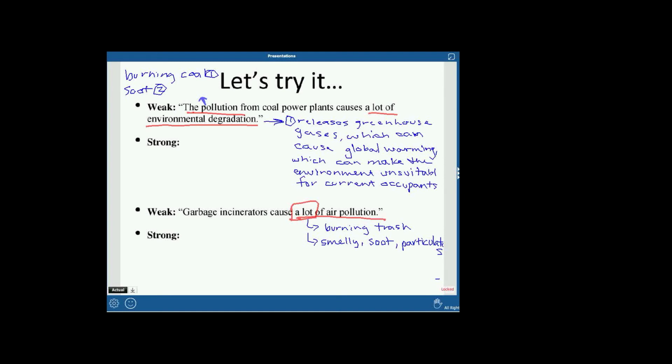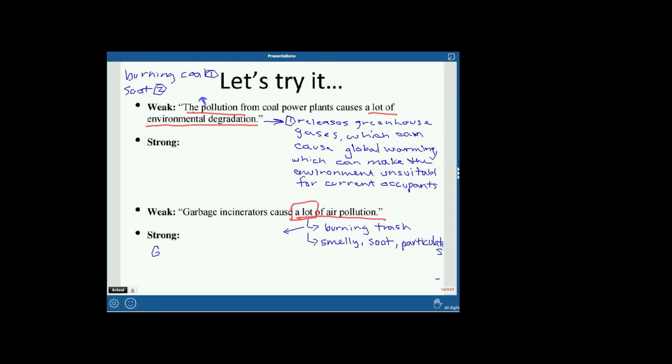So you can say the burning of the trash in a garbage incinerator would release pollutants, or would release particulates into the air, something like that. You've got that smoke, that kind of thing. That's being released into the environment. You could write something like that.